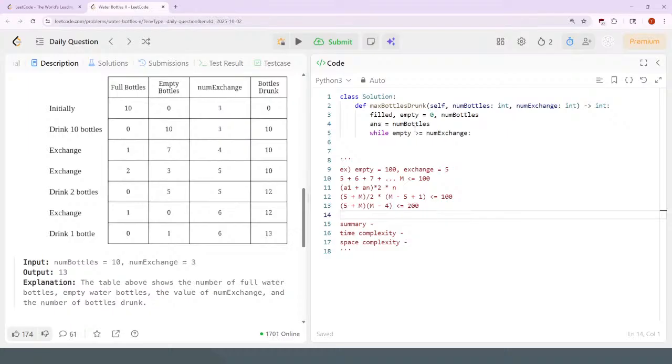Oh boy, oh boy. It is in fact quadratic.